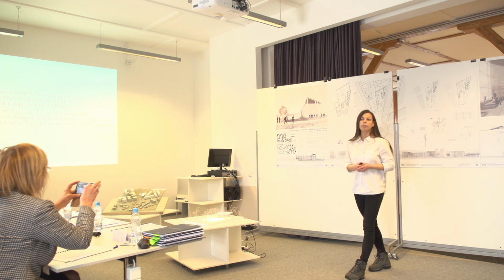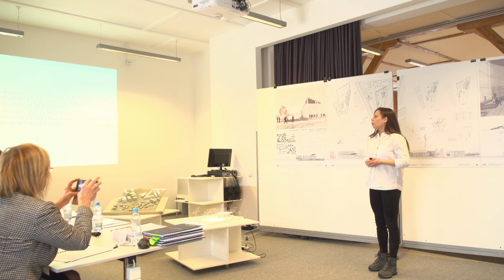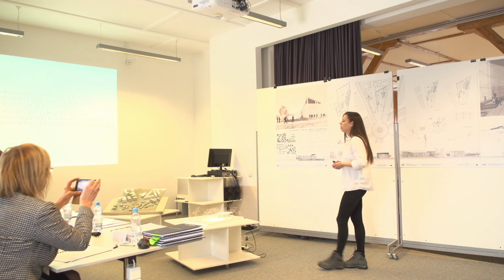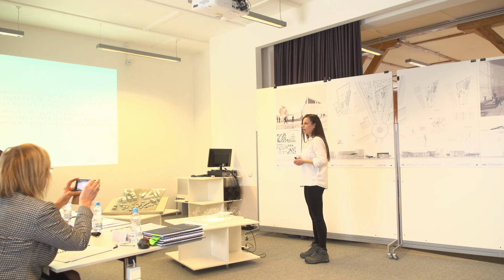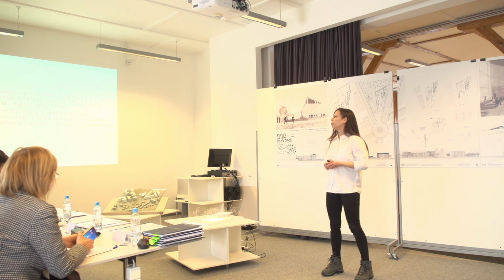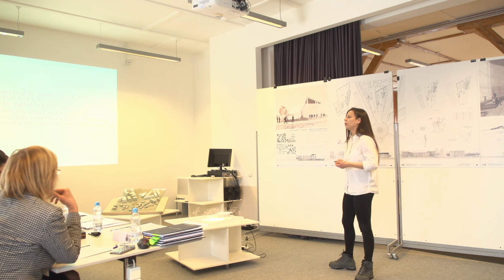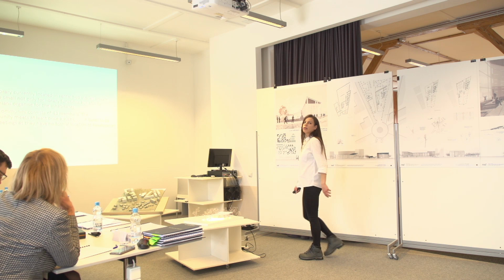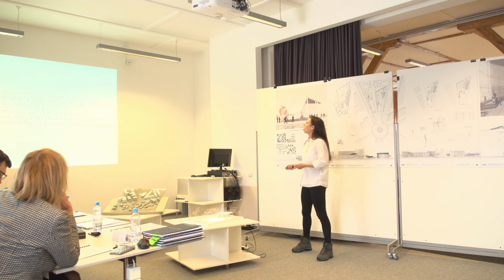Because the existing library is quite small. They don't have a lot of place for the new things they are making, and also the local community doesn't have a place to meet and talk about neighborhood development.